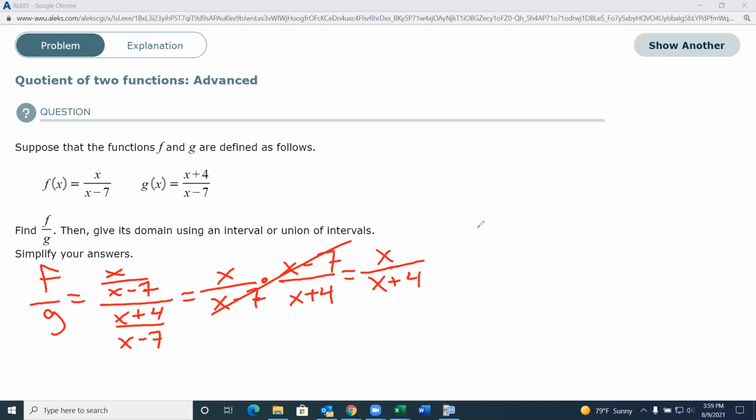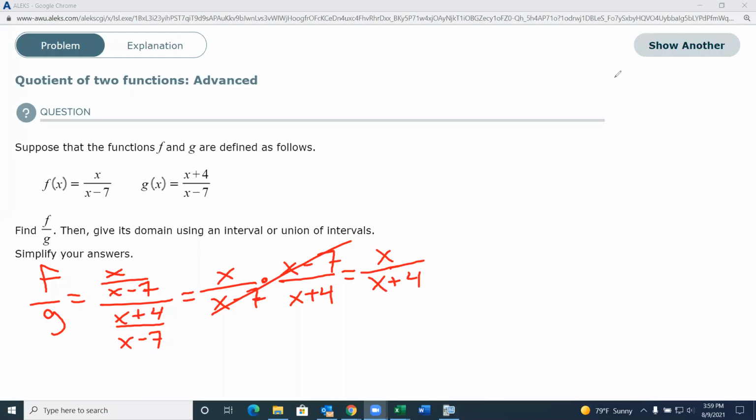Okay, now what about the domain? Well, we got to be a little bit careful about the domain. So for the domain, well, obviously, when I look at my function, I know that the denominator cannot be 0, so x cannot be -4. Got it.